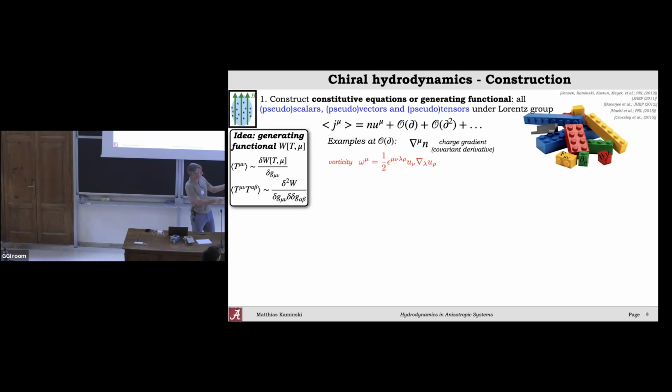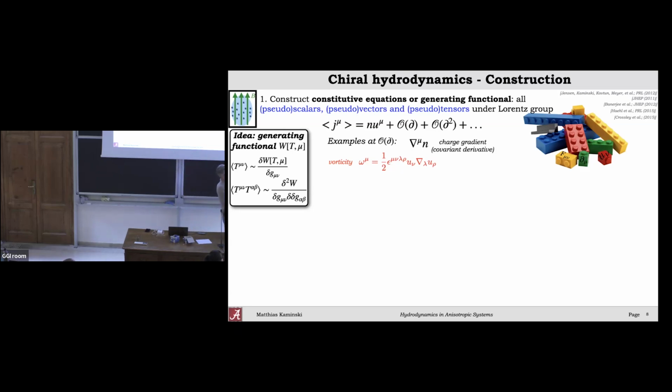One of them is, for example, the vorticity vector, which is defined in this way. Then you puzzle together these tensor structures, all the possible ones that you can form out of your hydrodynamic variables and their derivatives, the metric, and the epsilons, the antisymmetric tensors. That's how you generate the constitutive equations.